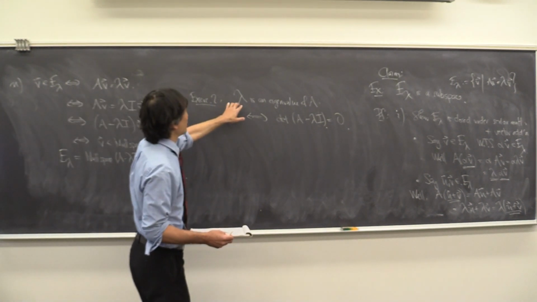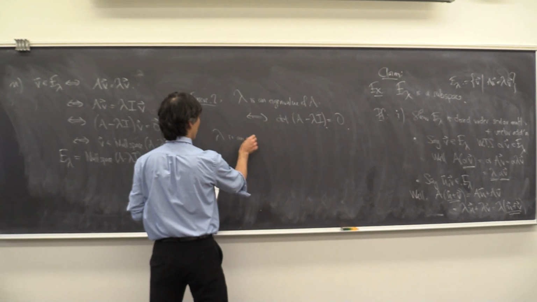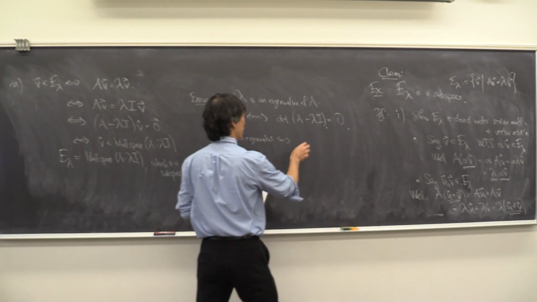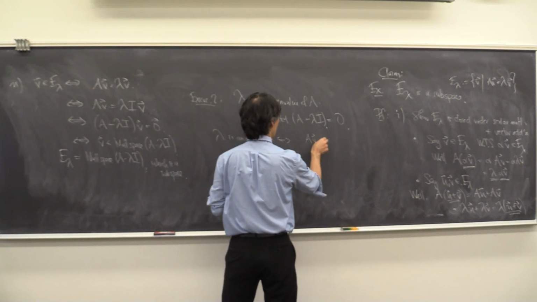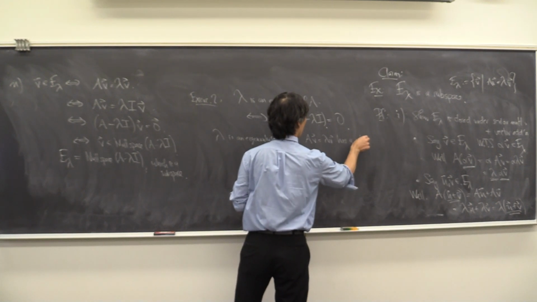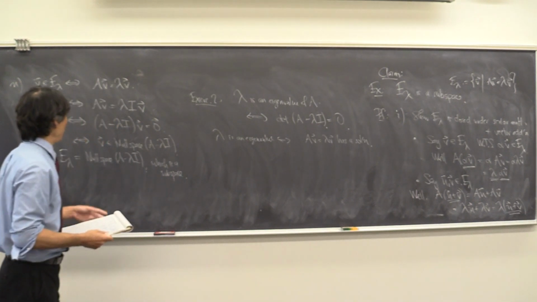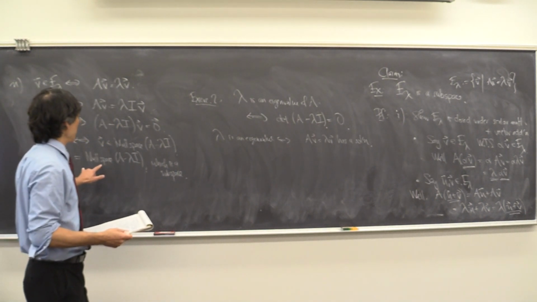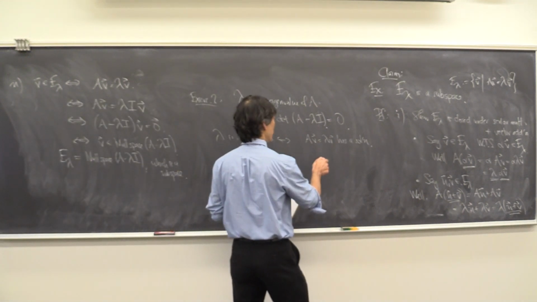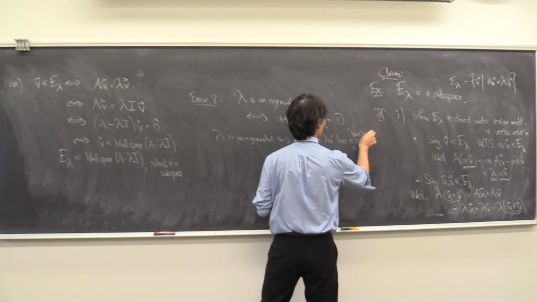Okay. So this is an eigenvalue if and only if, right, Ax equals lambda x has a solution. In other words, there's got to be a non-zero solution, a non-trivial solution.